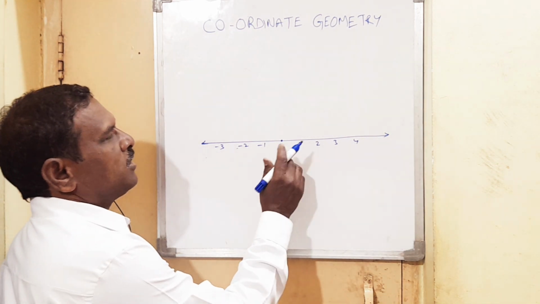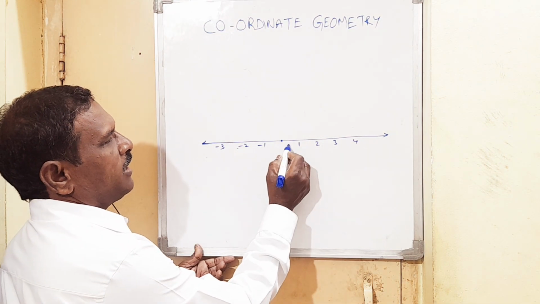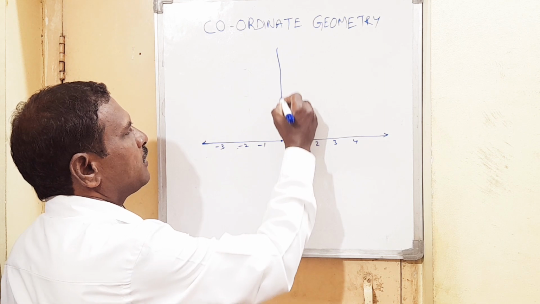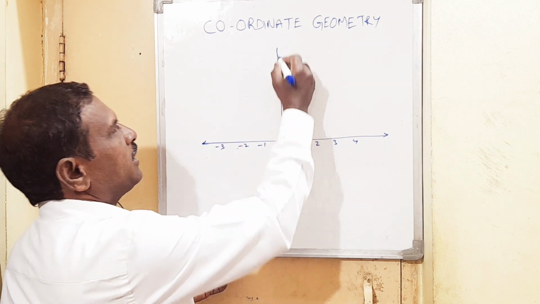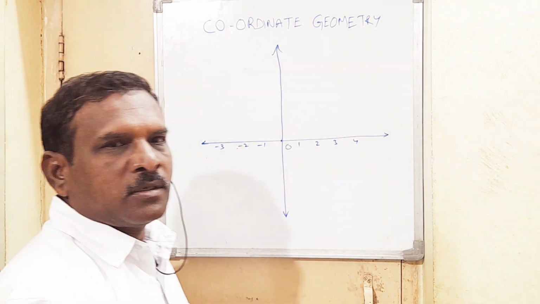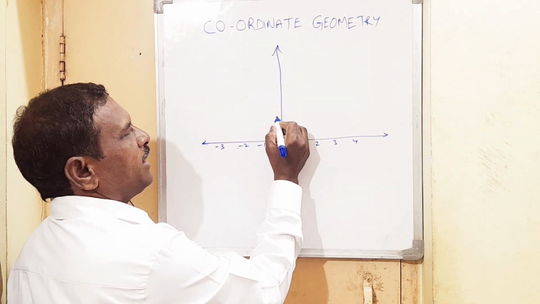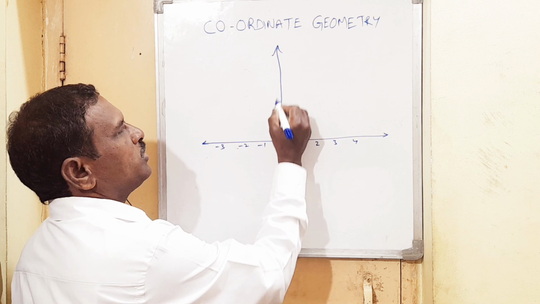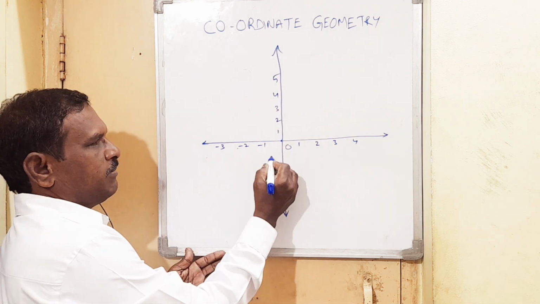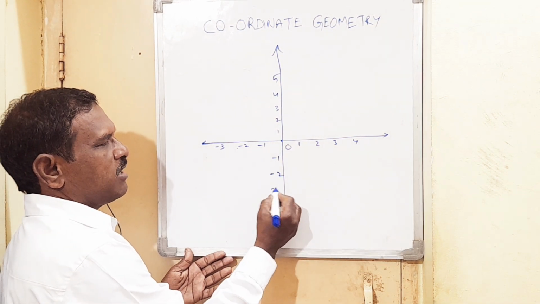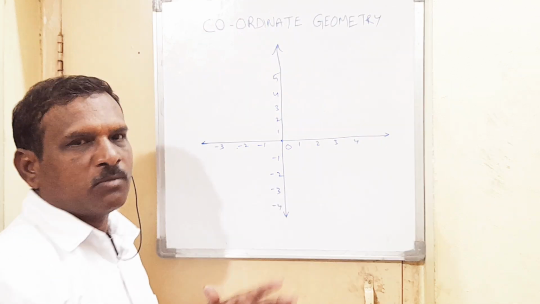Now we'll draw one more line, a vertical line. On the vertical line, above we take positives like 1, 2, 3, 4, 5, and below -1, -2, -3, -4. So both are number lines.